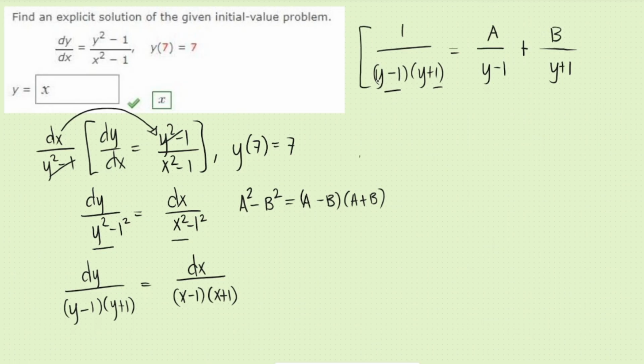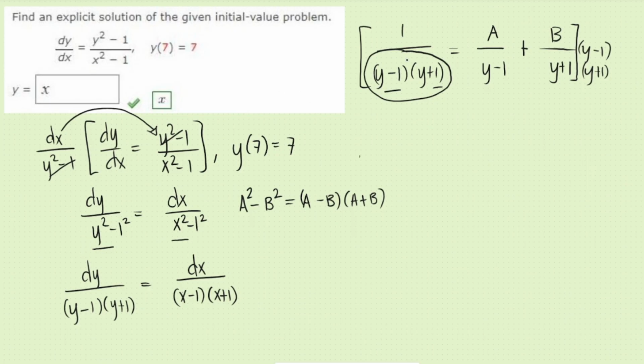And then multiply both sides of the equation by this one here. If we see the denominator is y minus 1 times y plus 1, so we multiply both sides of the equation just to cancel this one here. Whatever is written here, we'll use that as our multiplier.